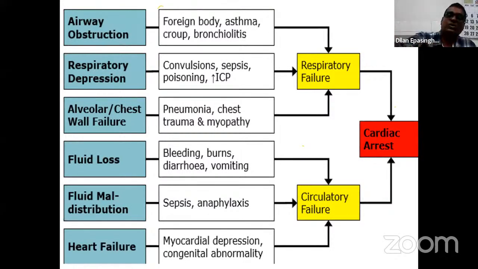That can go into respiratory failure, then cardiac arrest. Then fluid loss and fluid maldistribution like sepsis and anaphylaxis, that is distributive shock, and heart failure, cardiogenic shock, fluid loss, that is hypovolemic shock, circulatory failure, and ultimately cardiac arrest.